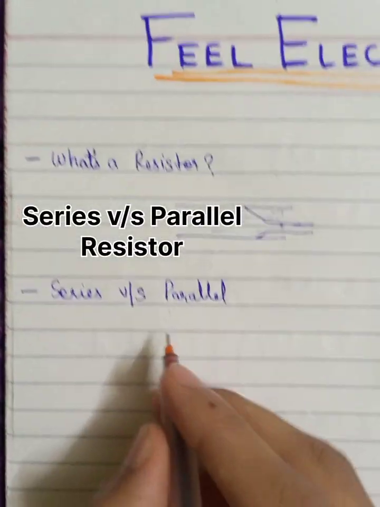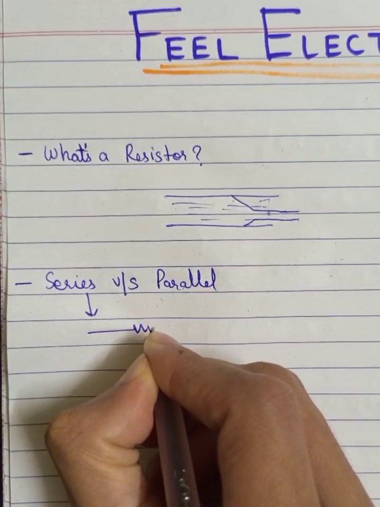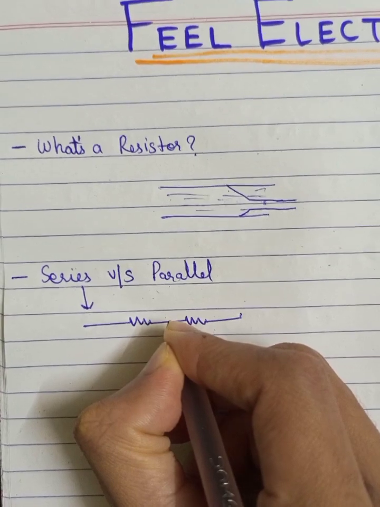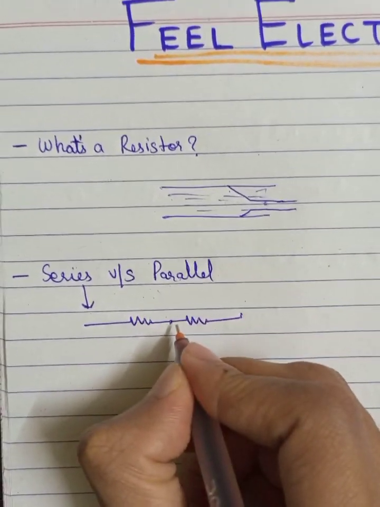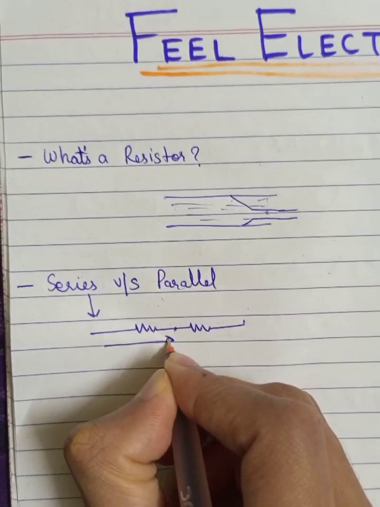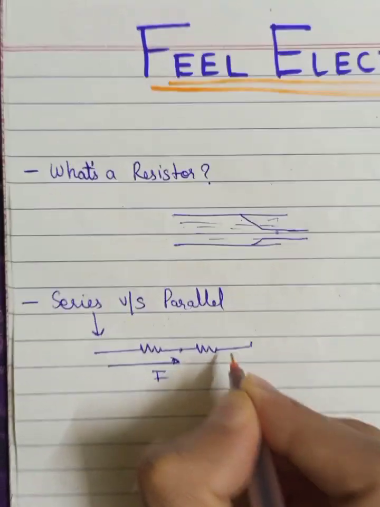Now let's come to series and parallel. In series, the resistors are connected one after another, like beads on a string. If the current is passing, it passes through one resistor and then another resistor, one at a time.